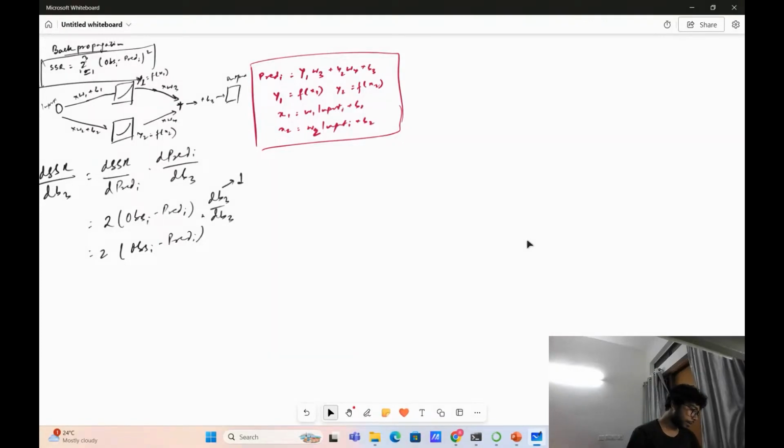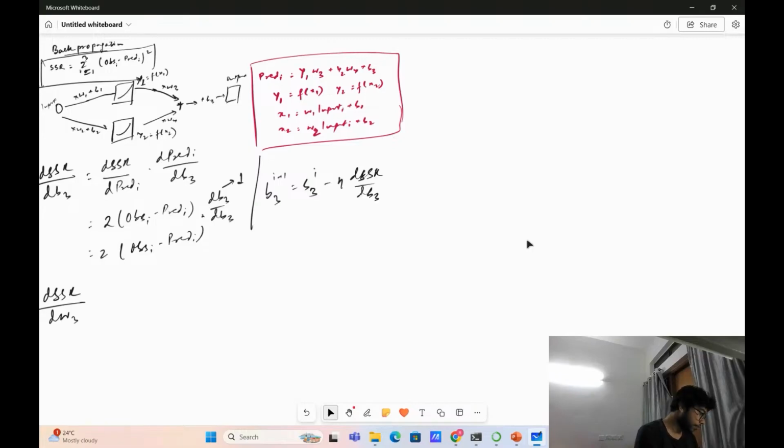Now we'll step it up a bit. Similarly, derivative of SSR with respect to, okay, so once you obtain this for B3, what you do is you update B3 in the next iteration equals B3 in the first iteration minus some learning rate times DSSR by DB3.